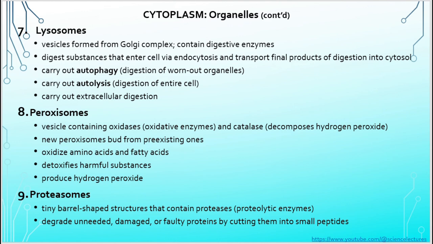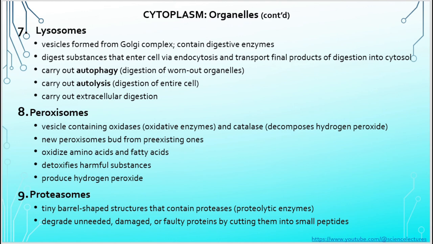Another group of organelles similar in structure to lysosomes, but smaller, are the peroxisomes. Peroxisomes, also called microbodies, contain several oxidases. These are enzymes that oxidize or remove hydrogen atoms from various organic substances.